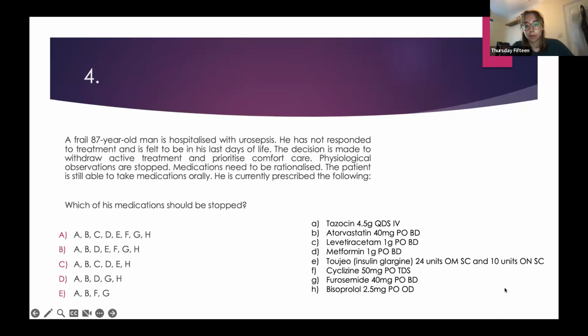Okay. So D is coming out as the one that you've all gone for, which is the right answer. Well done.